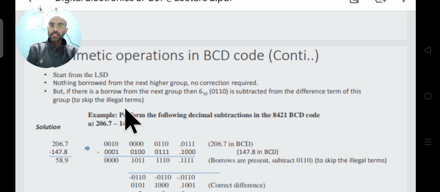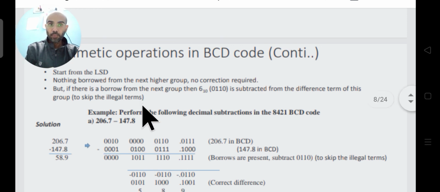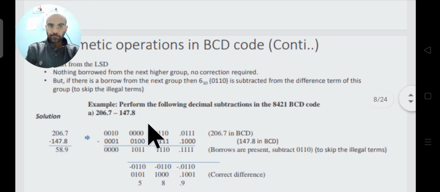The reason is the same: in the previous case, when we performed addition, we added 6. Here in subtraction, we will subtract 6 if we have taken the borrow. So let's try to understand it with the help of an example.